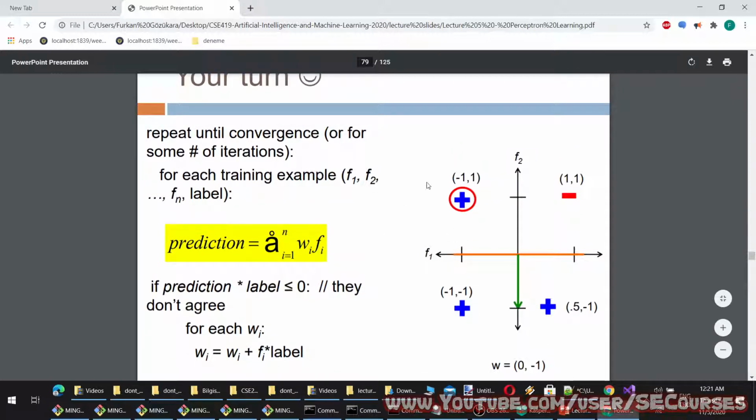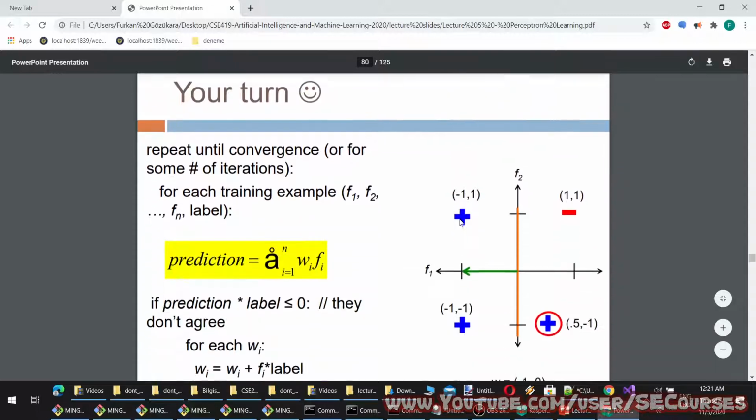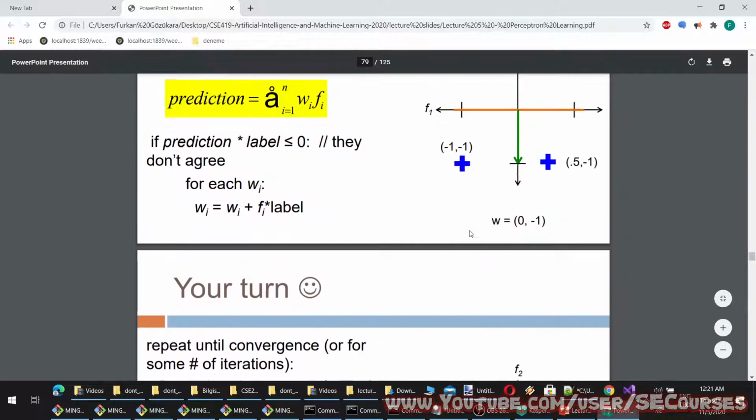Currently we are starting with the first case, 0 and -1. Let's calculate it. This is 0 and this is -1, so this is incorrect. This should be positive. Therefore, we update weights.